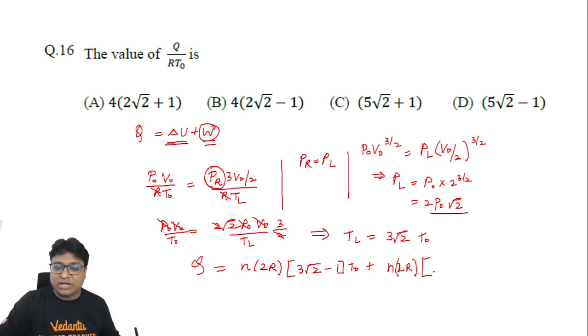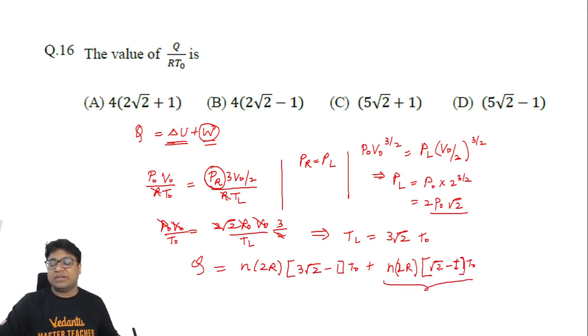Now the value of TR, we calculated it. It was root 2 into T naught. So root 2 minus 1 into T naught is what we are going to get. I knew that I have to keep this number positive, so hence I have used root 2 minus 1. Now instead of n we have to write 1, so we can just ignore that.